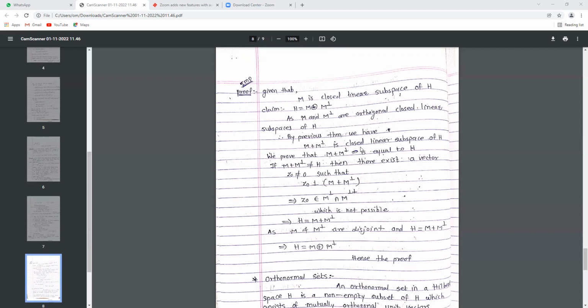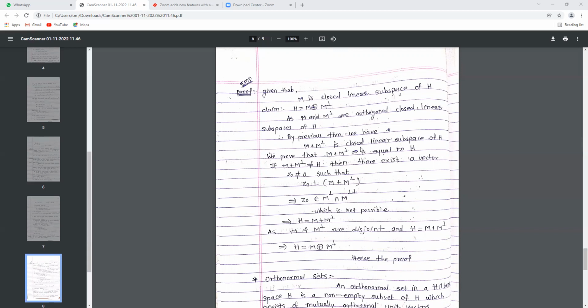That means here M and the orthogonal complement of M are both closed subspaces of the particular Hilbert space, and therefore their addition is also a closed linear subspace of that Hilbert space.